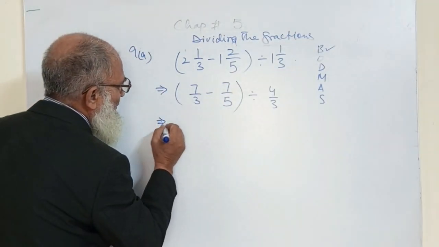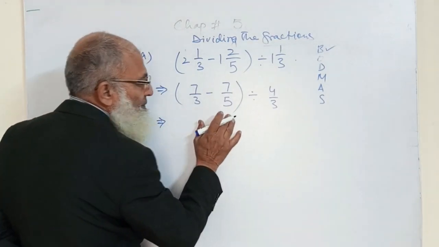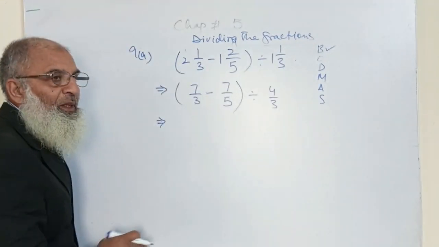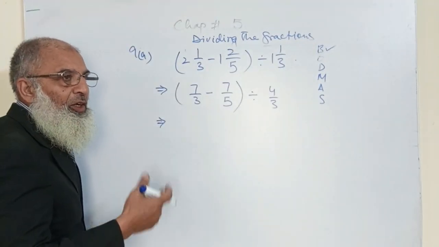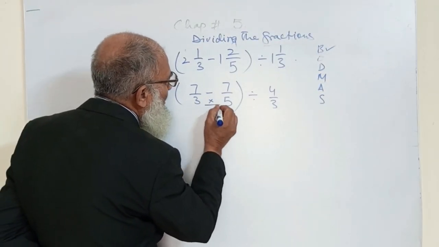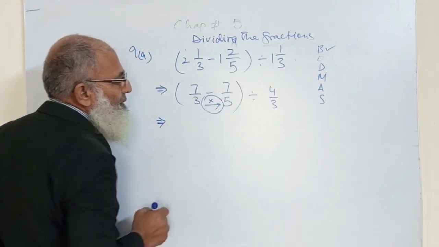Now it is very easy. Just find the LCM, because you see that these are prime numbers and prime numbers are not further divisible, so you can multiply them directly. You need not write these things.